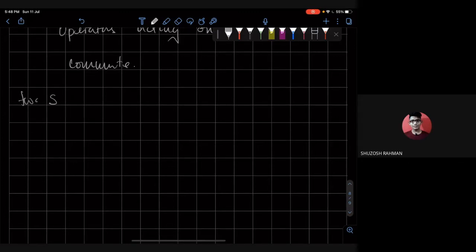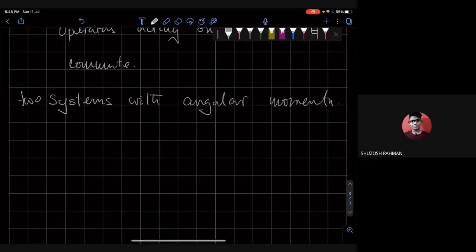So the relevant operators are, obviously, J1, this one is now the system, not the X component.